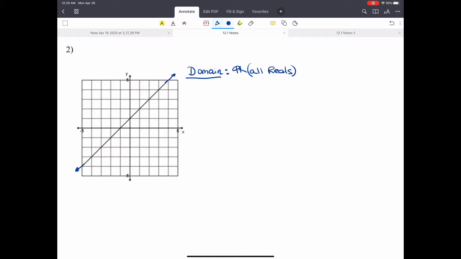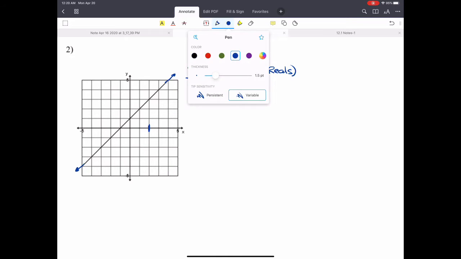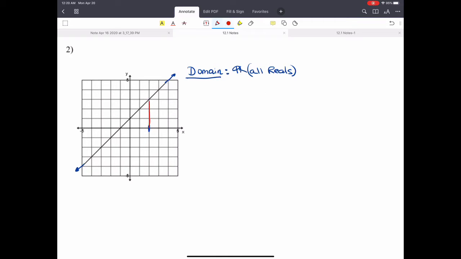The reason for that is because just pick any x, and there's a corresponding y value that goes along with it. So if I pick this x value right here, that corresponds to that point, which has a respective y value. If we pick, let's say, x is 0, that has a corresponding y value right there of 1. So the domain is going to be all reals.